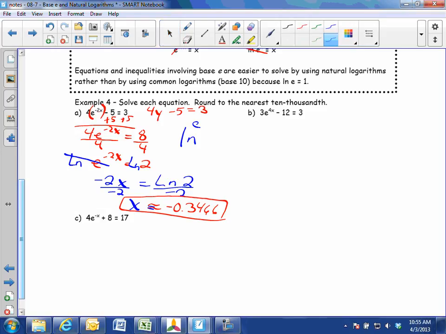Okay, let's try B. What's our first goal? What do we need to do first on B? Yep, we're going to want to get the e term by itself, so divide by 12, you're right. Okay, then what?